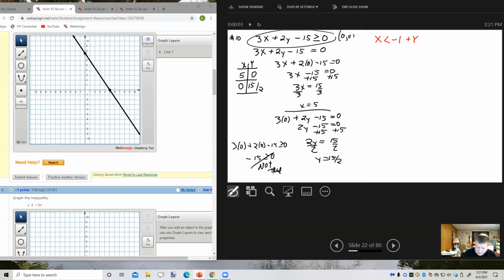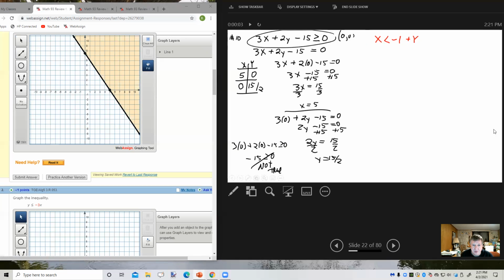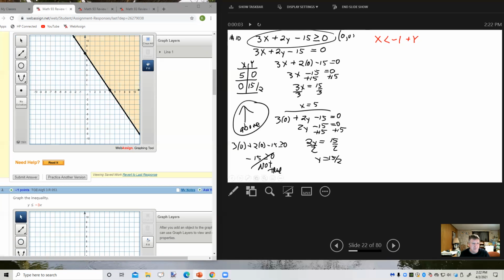So 0, 0 is not in the solution area. So it's got to be on the other side. So I'm going to fill there, and I'm going to say that it's above. Our test point failed, so we picked the other side of the line.